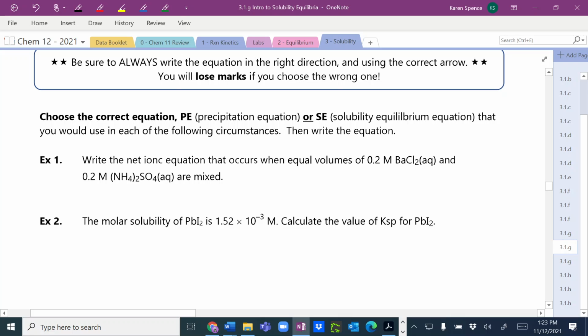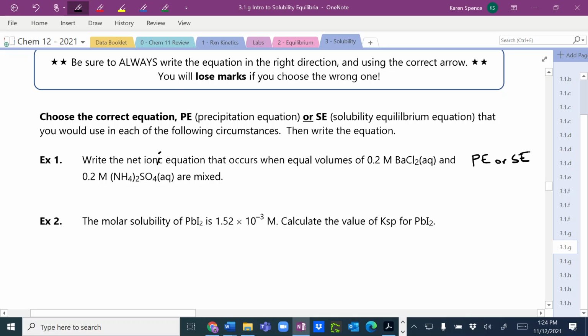Let's practice picking what kind of reaction we're going to use. And just so we're clear, you do not need to solve these questions. You don't have the tools in your toolkit to solve all these questions just yet. But let's say I asked you to write, we're just going to decide, do we want the precipitation equation or do we want the solubility equilibrium equation?